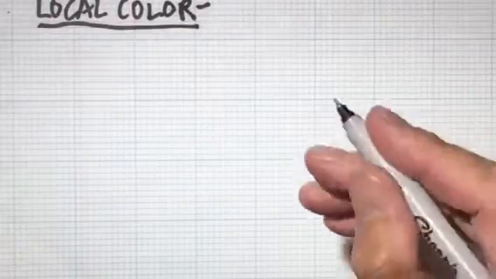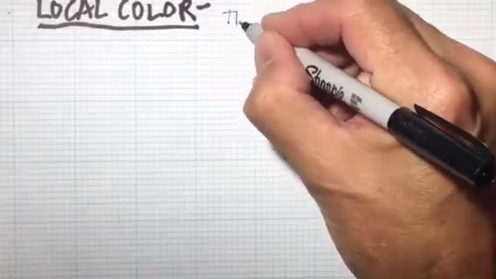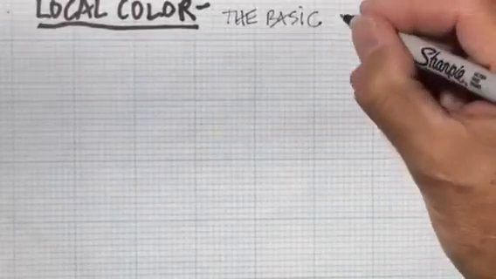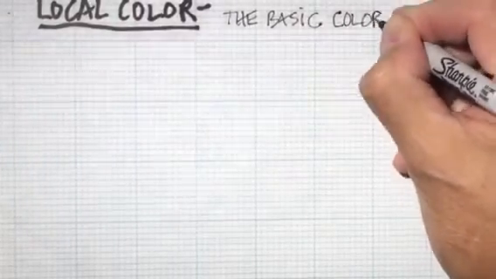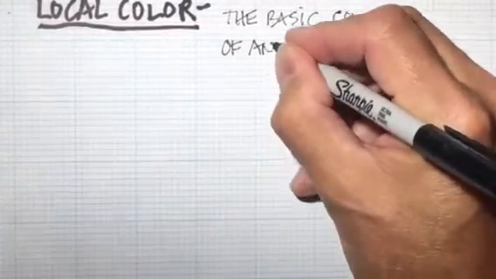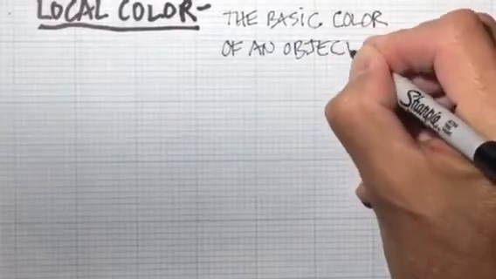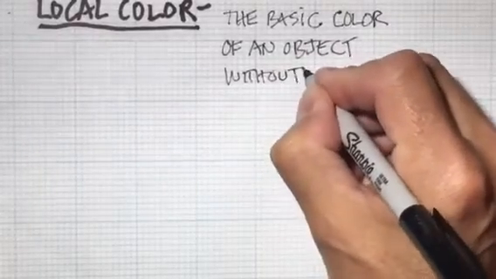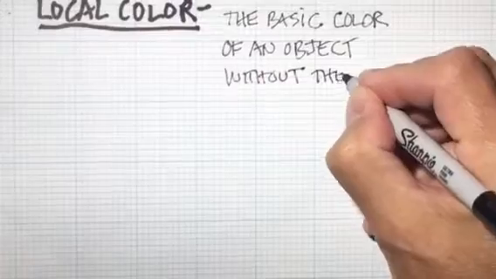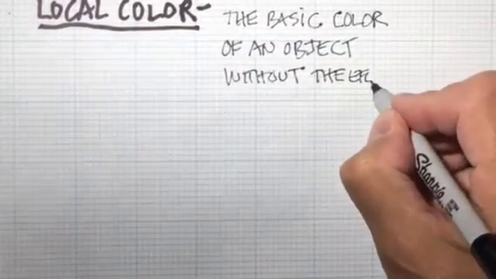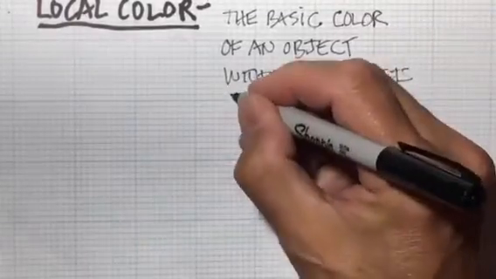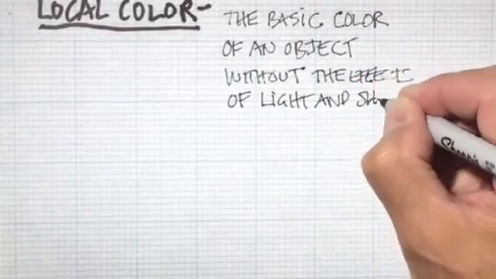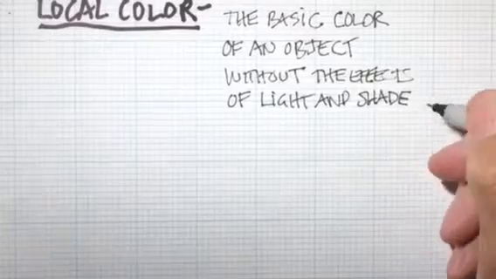So local color, somewhat of the definition would be the basic color of an object without the effects of light and shade, or shadow.